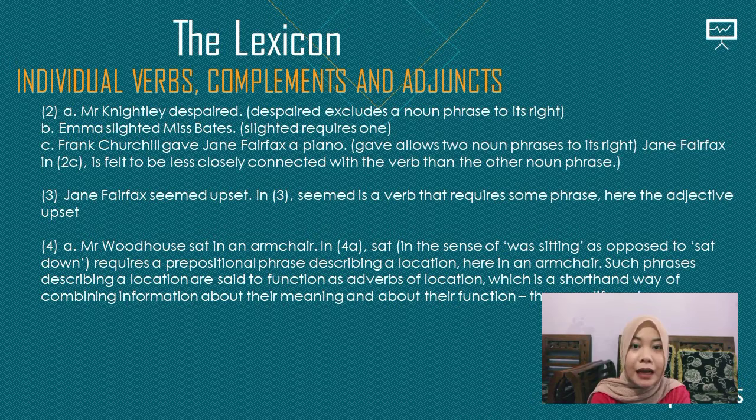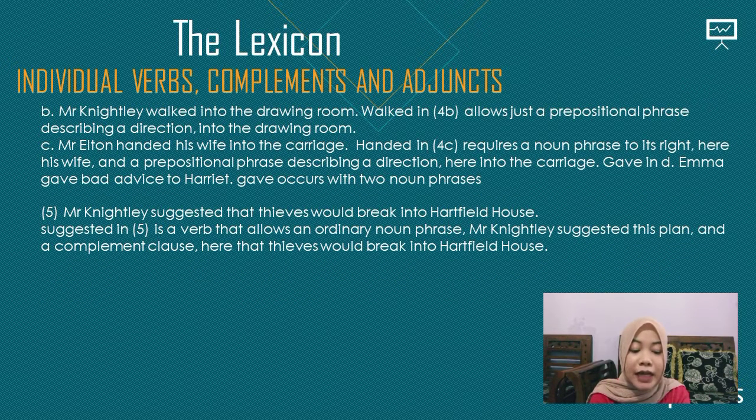Nah, sat di sini memerlukan sebuah frasa preposisi yang menjelaskan tentang lokasi, lokasi di mana Mr. Woodhouse itu duduk, yaitu in an armchair. Nah, selanjutnya yaitu Mr. Knightley walked into the drawing room. Walk di sini memerlukan sebuah frasa preposisi yang menjelaskan arah ke mana Mr. Knightley berjalan, yaitu into the drawing room.